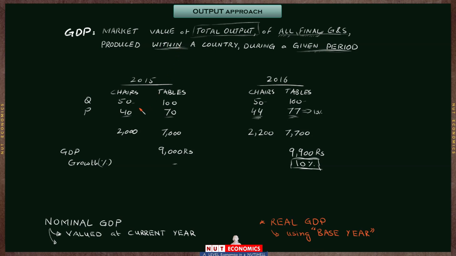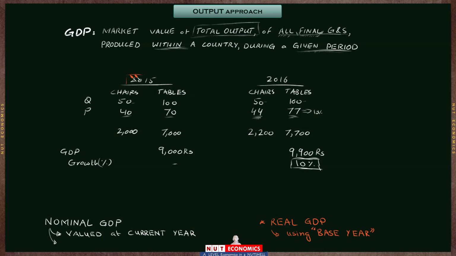But we want to avoid the problem that even when output doesn't change and only prices change, nominal GDP captures that in its growth. We don't want GDP to show growth when actual output is not increasing. But we still want to use prices because we have to convert things into market value. So we pick a year randomly and call it a base year.